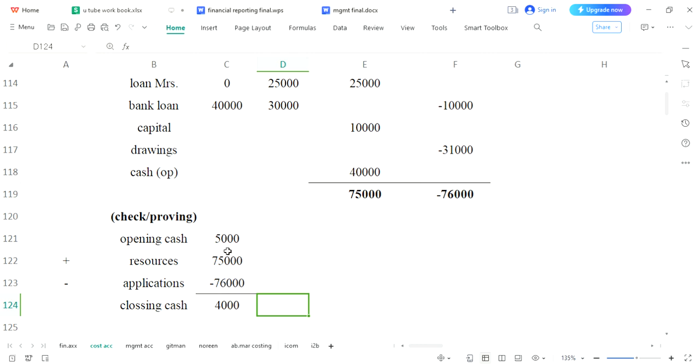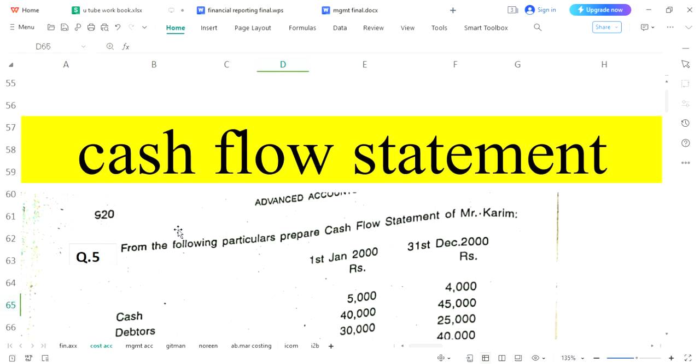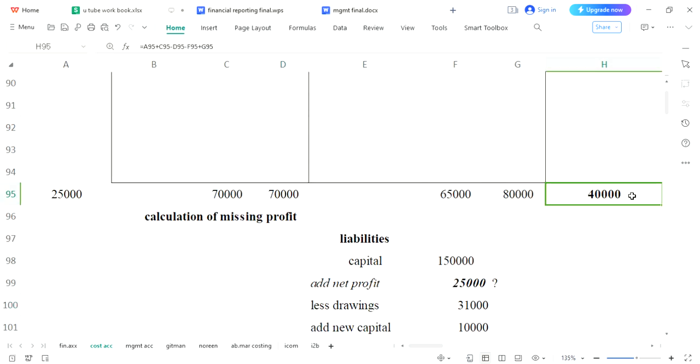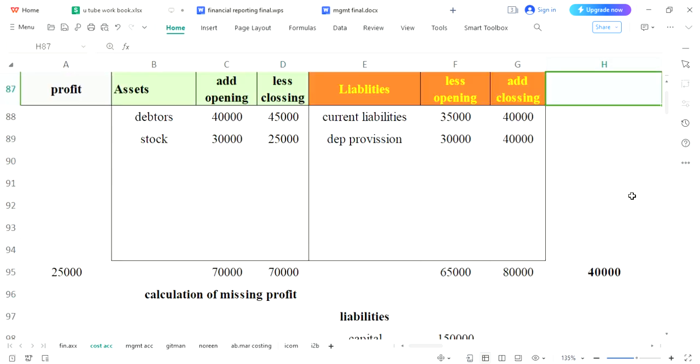So 5,000 plus 75, 80, 80 minus 76, 4,000. You will get your answer automatically checked and proved. So the requirement of our question was to calculate cash from operations. And here you can see that you calculated cash from operations simply by taking profit, and assets and liabilities were subtracted. You have got cash from operations.